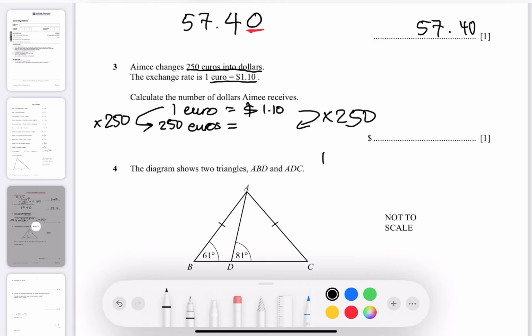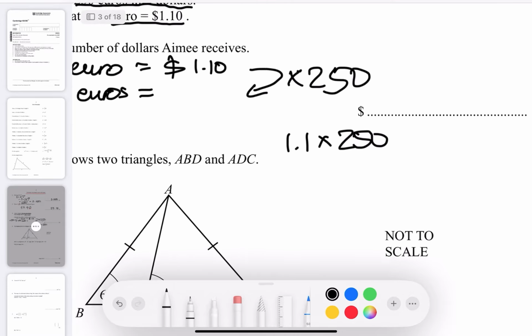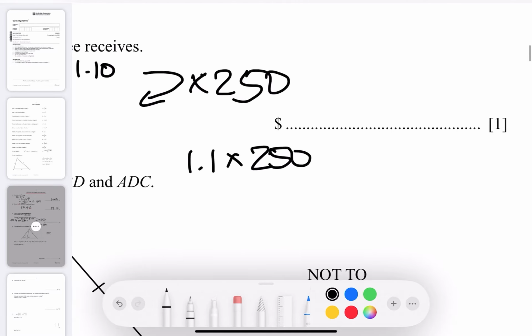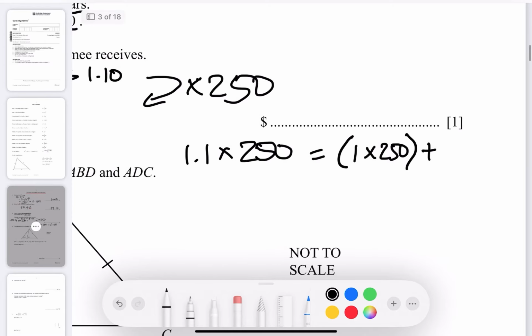And remember that 1.1, now this is where your mental math skills will really come in handy. This is why in my previous video I recommended you to familiarize yourself with non-calculator techniques like this. So a good technique I'd recommend for this question is to split this up like this. 1 multiplied by 250 plus 0.1 multiplied by 250.